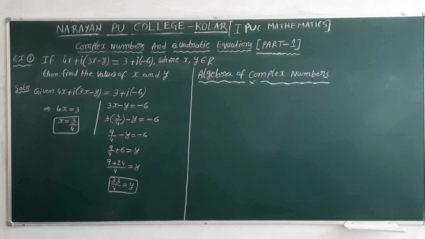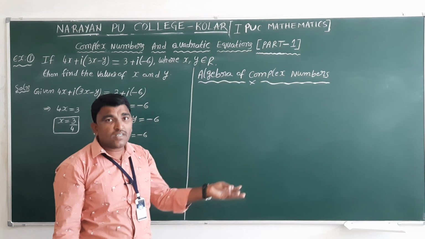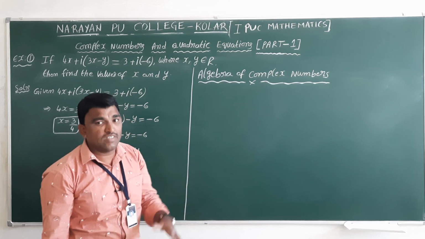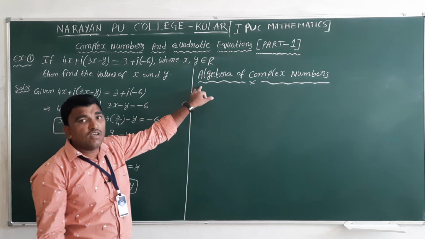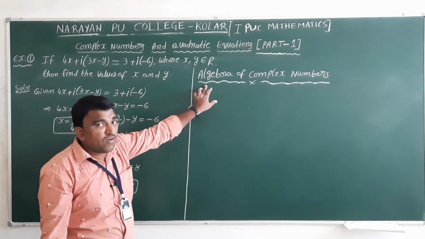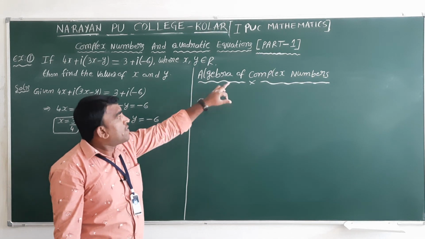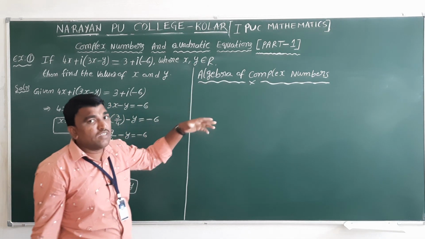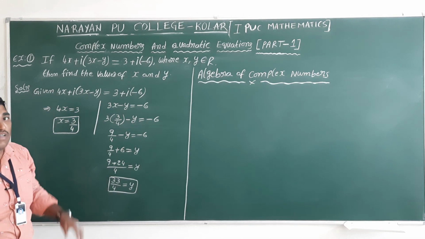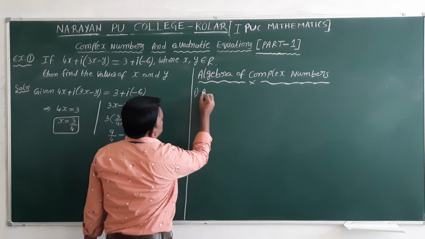In mathematics, generally we know algebra means four operations: addition, subtraction, multiplication and division. In the same manner here also, we ask how to represent addition of two complex numbers, division, subtraction, and multiplication of two complex numbers. Then we can study each separately. So first one, addition of two complex numbers.